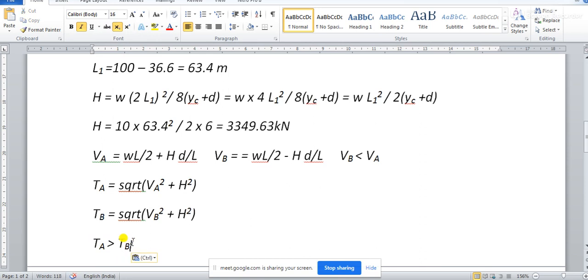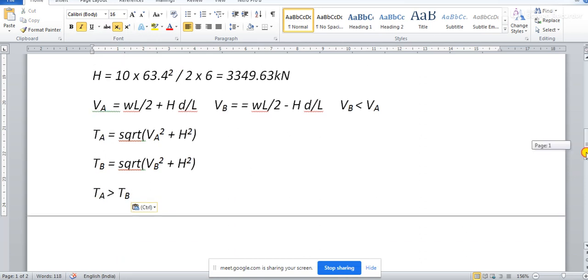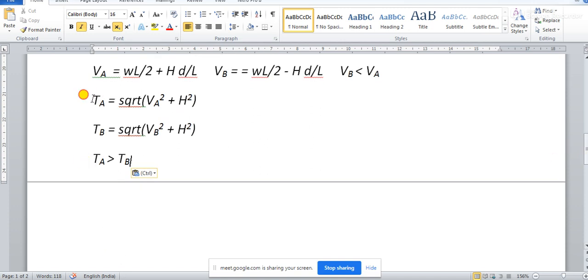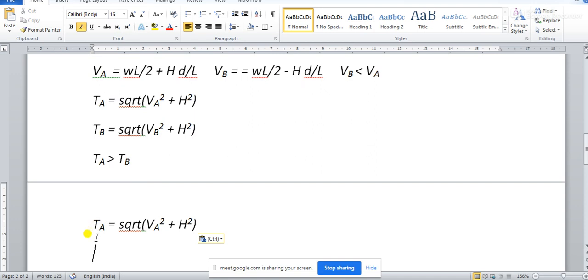So if TA is greater than TB, what will be the maximum tension? Please understand this. You need not write both the values. T max is nothing but your TA value, the square root of VA square plus H square. So VA you can calculate.